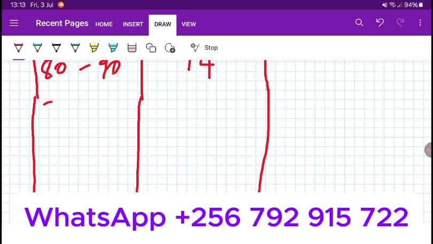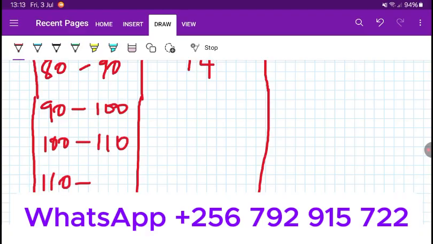Of course, the next one is 90 to 100, 100 to 110, then 110 to 120. This one has 10, this is 5, and this is 2.